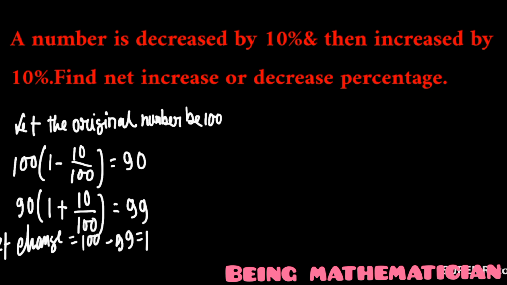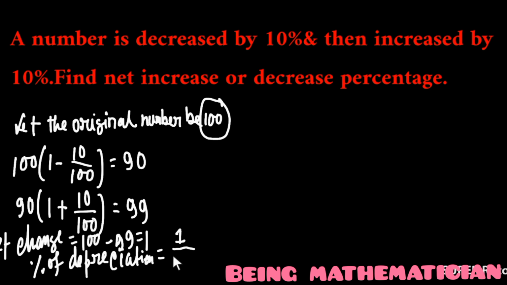So the percentage of depreciation is equal to 1 by the original number, that is 100, into 100, and the final answer is 1%. That will be the correct answer.